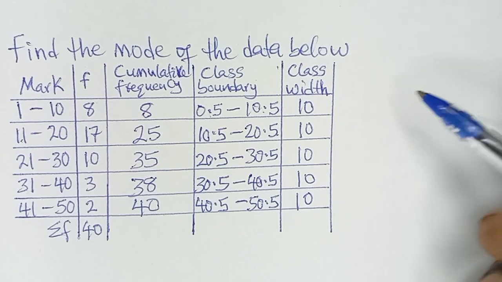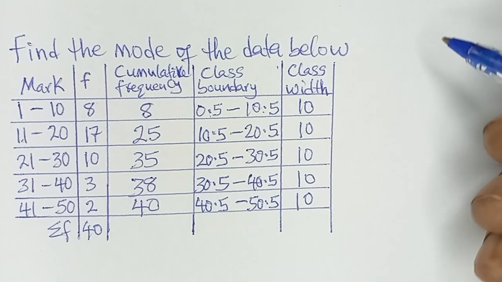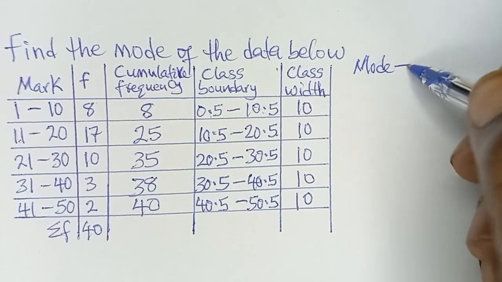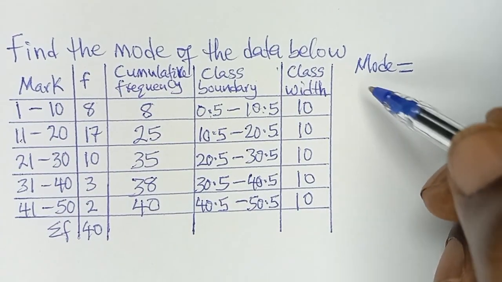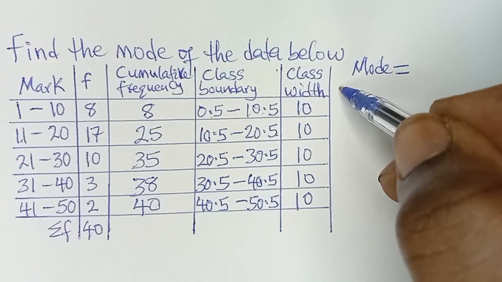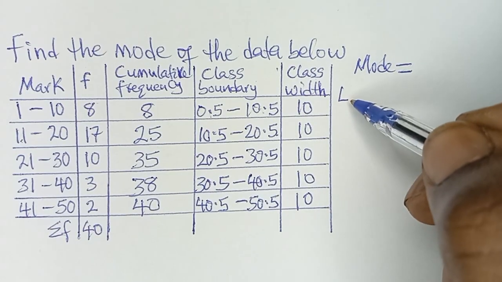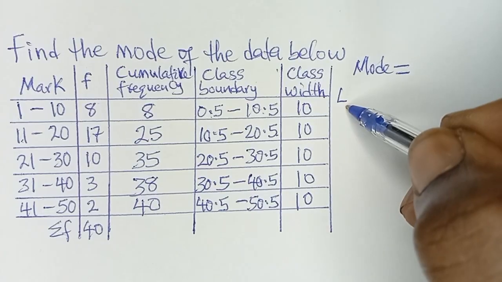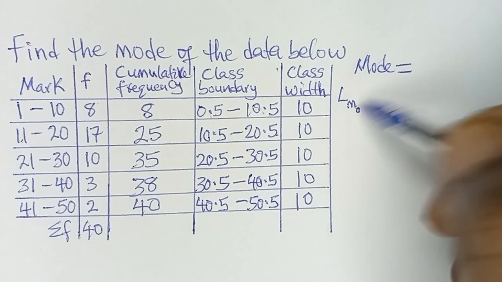Now, for us to calculate the mode, the formula for mode, let me write it. Mode is equal to L, which is the lower class boundary of the modal class.